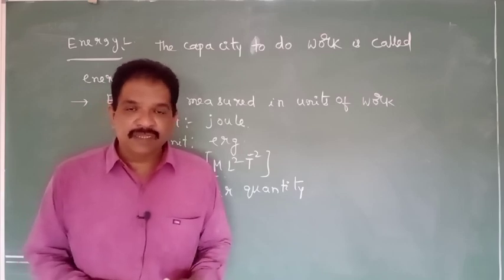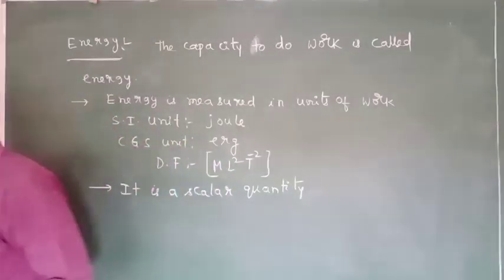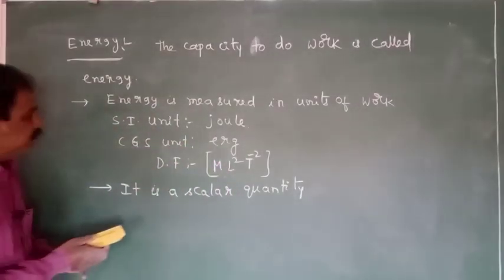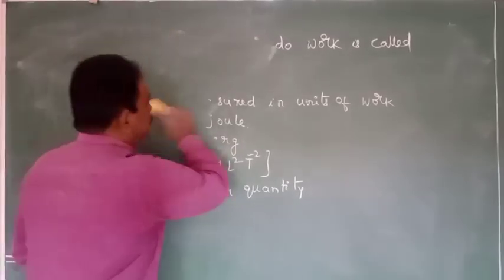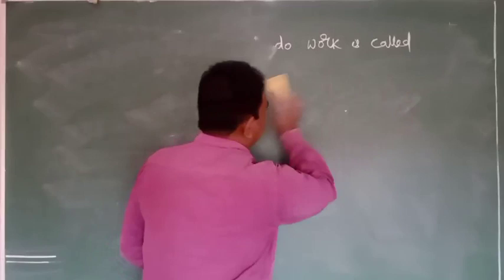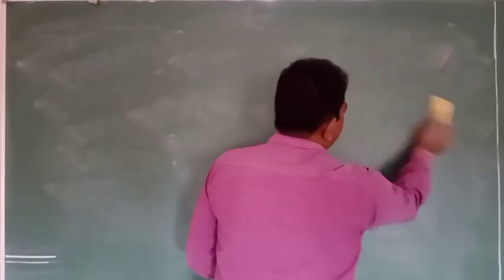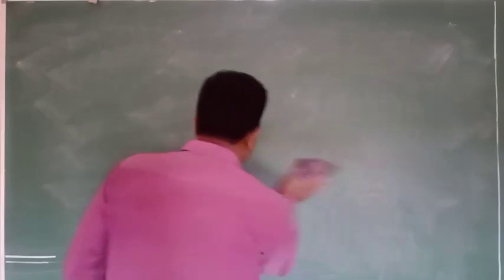Mechanical energy is of two types. First one will be potential energy, second one will be kinetic energy. What is meant by potential energy and what is meant by kinetic energy, we will discuss in detail one by one. So first of all, what is meant by potential energy?